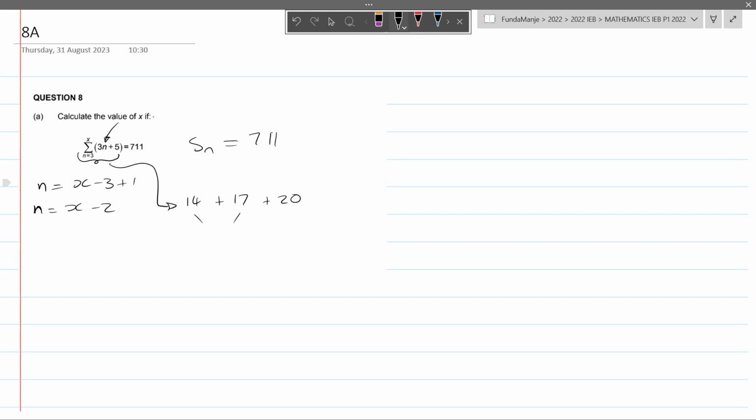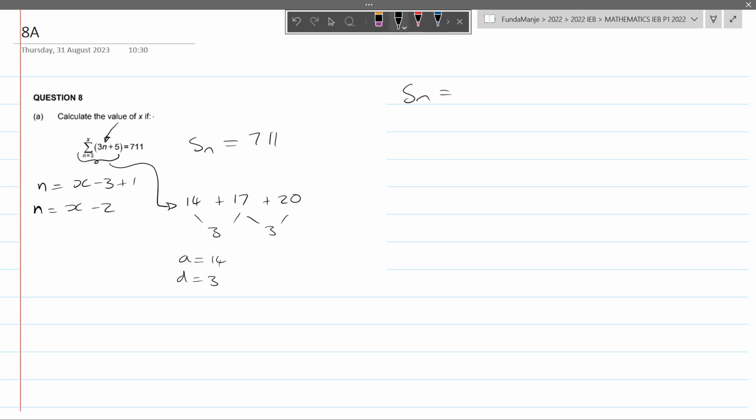Now we can tell what the difference is. From 14 to 17 there's a difference of 3, and here there's a difference of 3 as well. So our a value is 14 for this pattern, our d is 3, which means we can solve for this using the following formula.